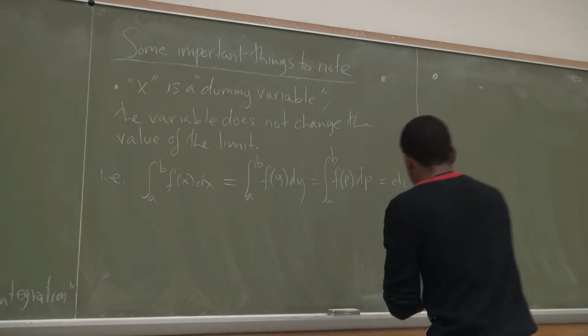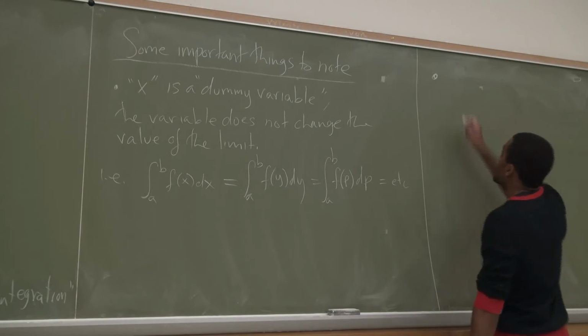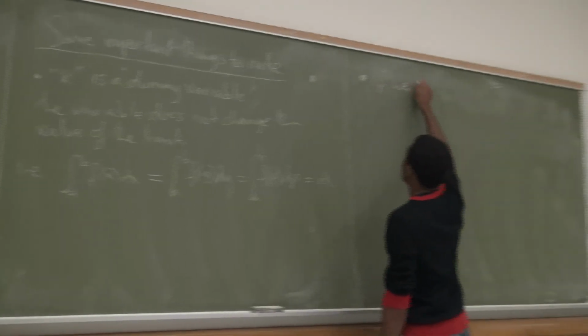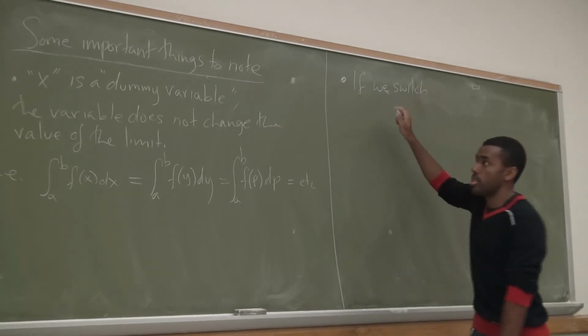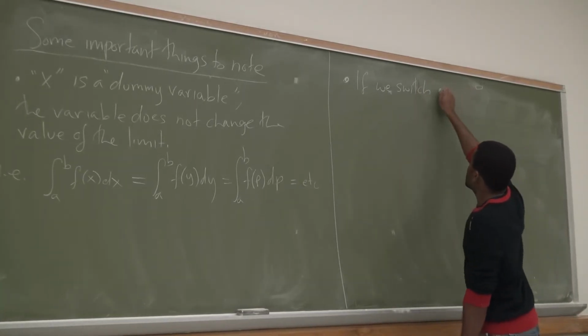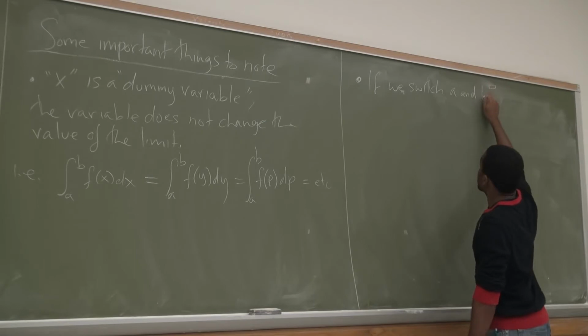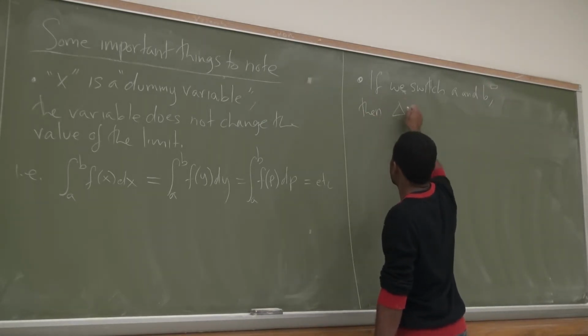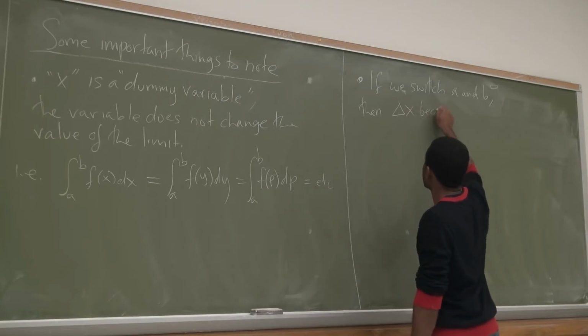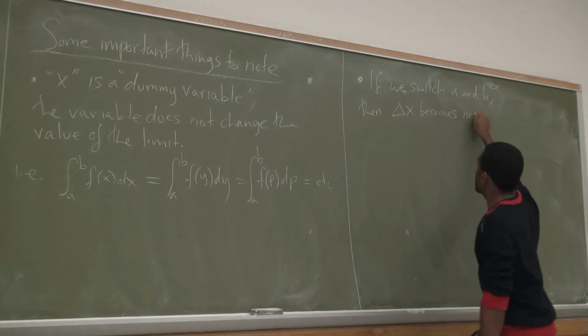Something else that's important. This is actually very important. If we switch A and B, then delta x becomes negative.